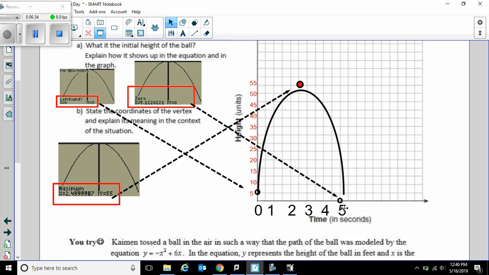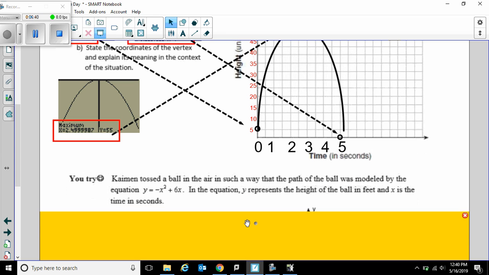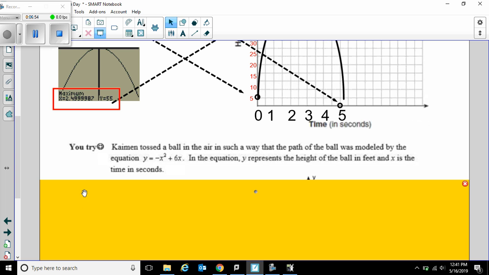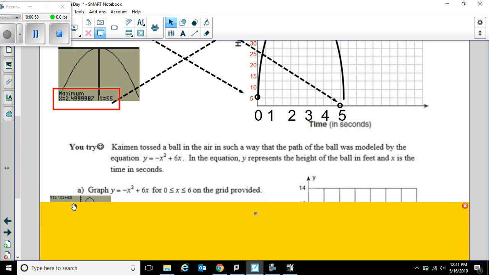All right, let's take a look at our next question. Our next question says, our friend Cayman tosses a ball in the air in such a way where he produces this equation. It wants to know A, what does the graph look like?